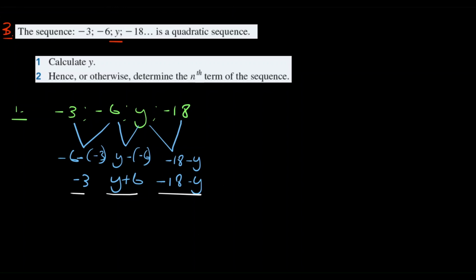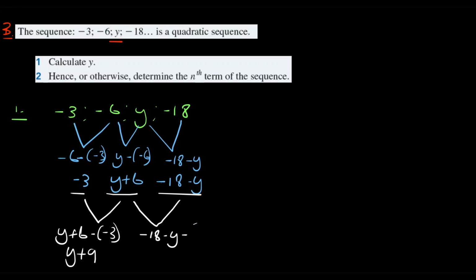And since it's a quadratic, we know that it has two rows, so we calculate the second difference. Second difference: y plus 6 minus 3, which is y plus 9. And we'll say -18 minus y minus (y plus 6).